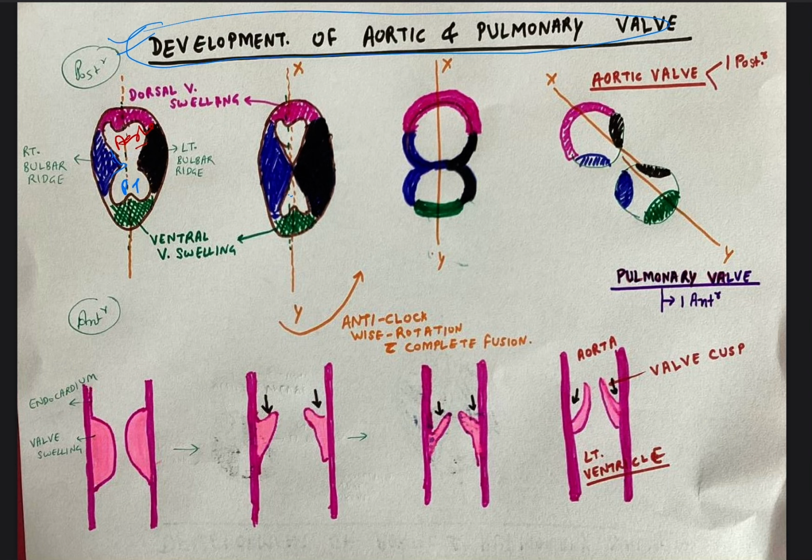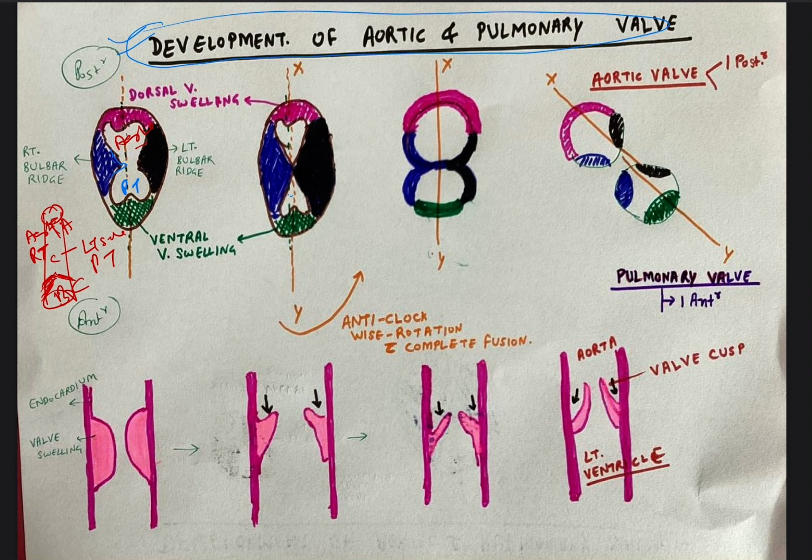Now what happens in the upper part, in the next segment, which is actually the conal segment: this is the truncus arteriosus, this is the bulbar part, this is the conal part, and this is the truncus arteriosus part. Valves start appearing in this bulbus cordis or conal junction. When the conus part appears, on the right side the aorta is situated, while on the left side the pulmonary trunk is situated.